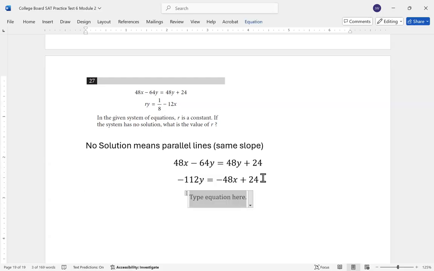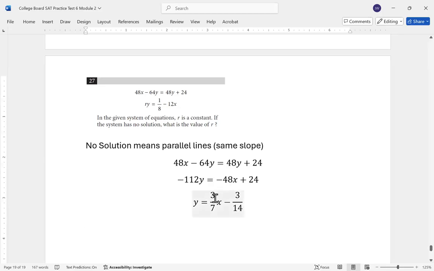Dividing both sides by negative 112 gives me y is equal to, well, 48 over 112 will simplify to 3/7. And then when we take 24 over 112, or rather 24 divided by negative 112, we would end up with a negative 3 over 14.